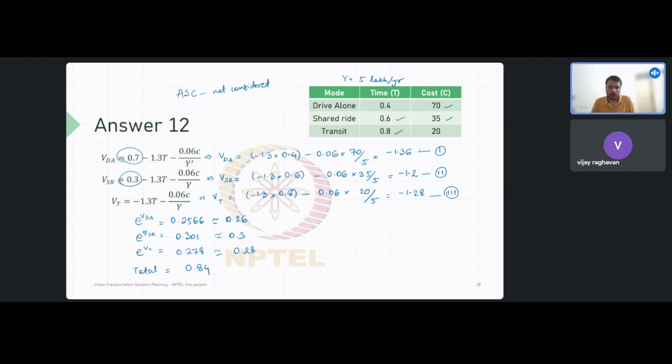Now we can find probability. So probability of drive alone will be e power VDA by total. So e power VDA is 0.26, total is 0.84. This is coming as 0.309, round it off to 0.31.